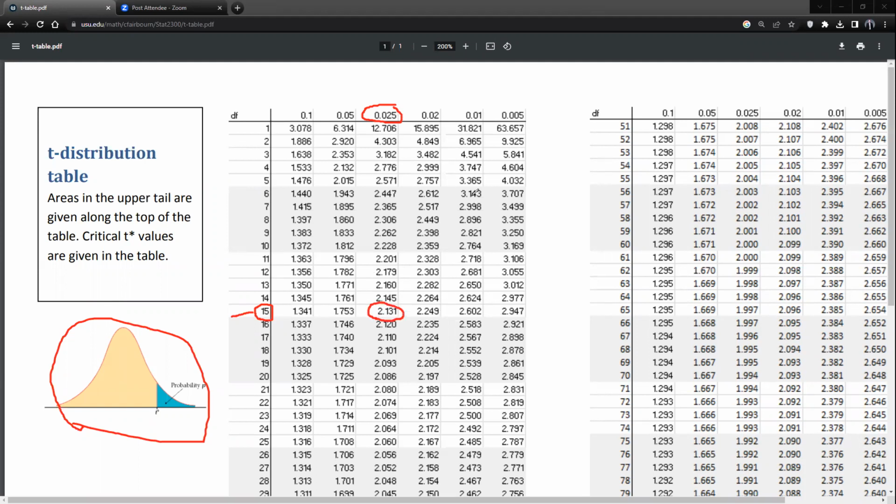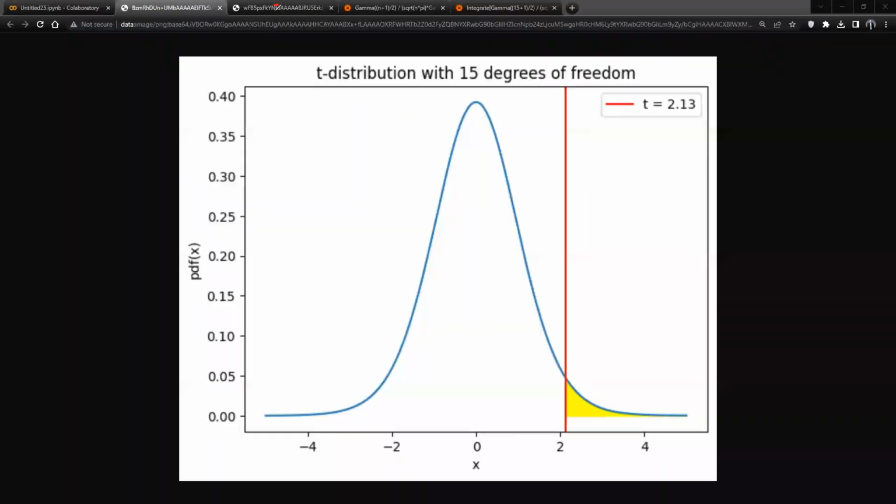Okay, so what if I want to find 95%? So I want to do a two-tail test, so let me just change my screen. So I'll go over here, and we can look at this graph here.